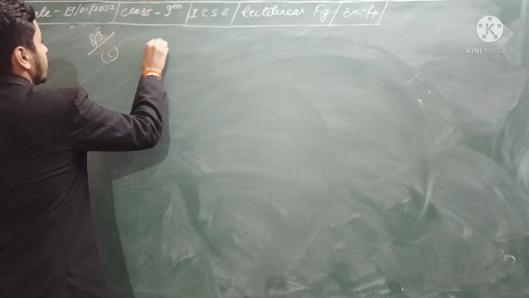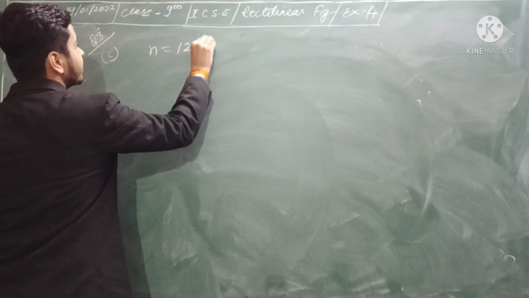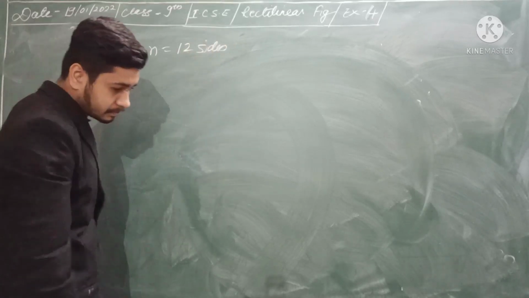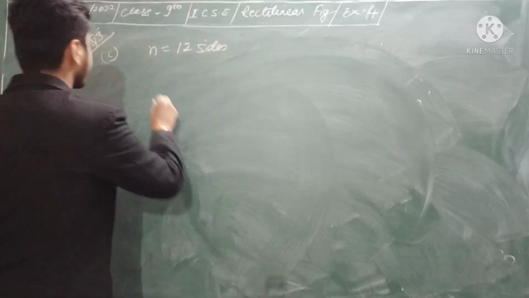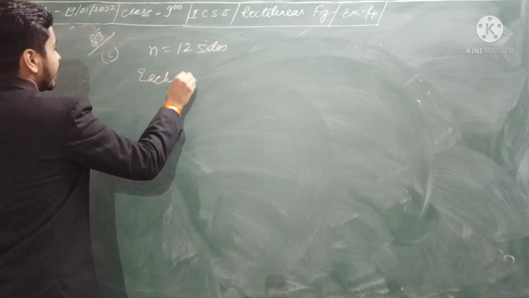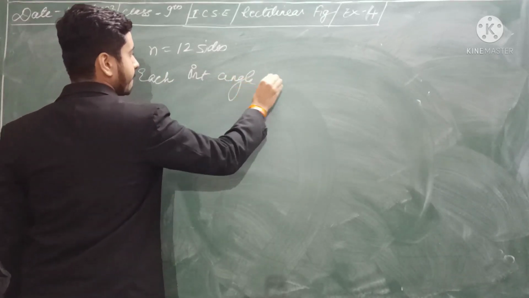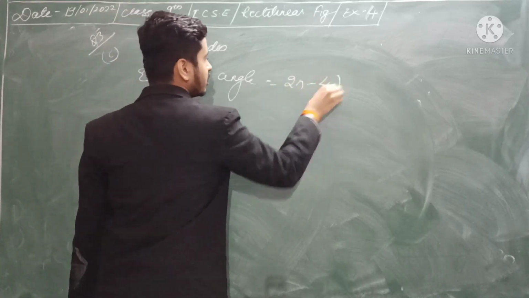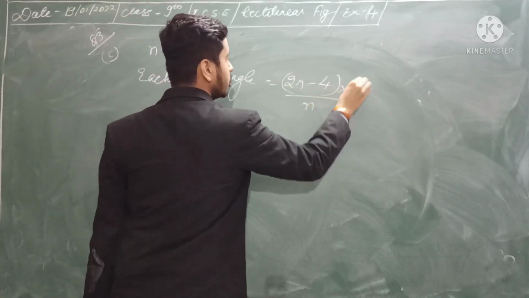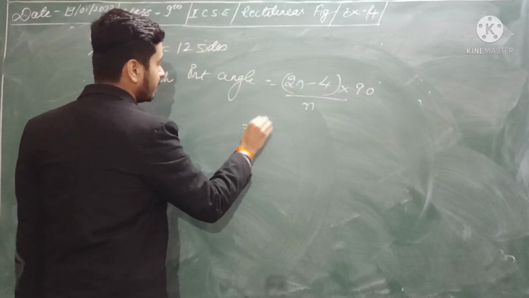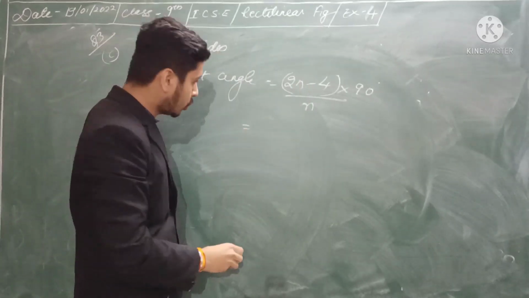Question number C, let's do. You are given n is equal to 12 sides, and you have to find each interior angle. So we know each interior angle is (2n minus 4) whole upon n into 90. In place of n, you have to put 12.